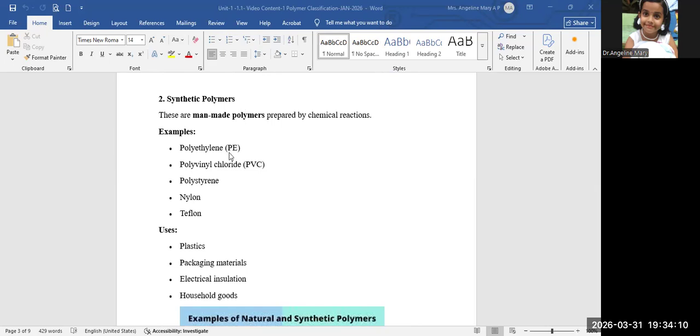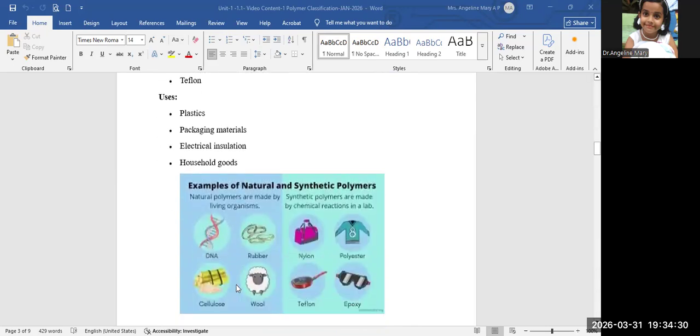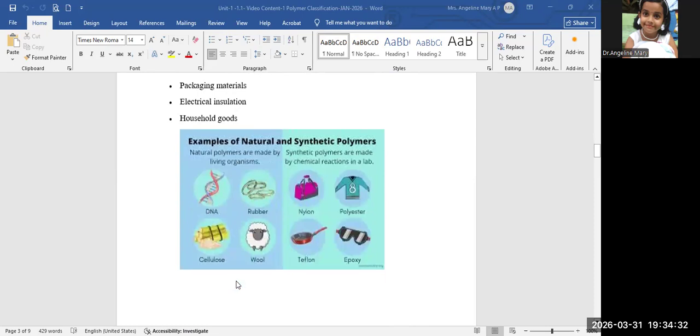For example, polyethylene, that is PE, PVC, that is polyvinyl chloride, polystyrene, nylon, Teflon. Synthetic polymers are used in plastics, packaging materials like food packaging, electrical insulation, and household goods. So these are the uses of synthetic polymers.